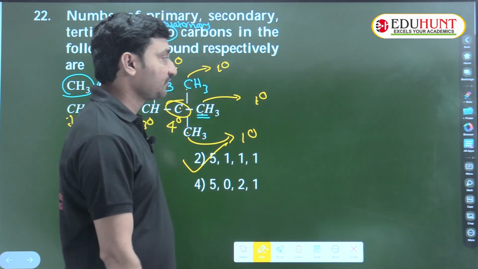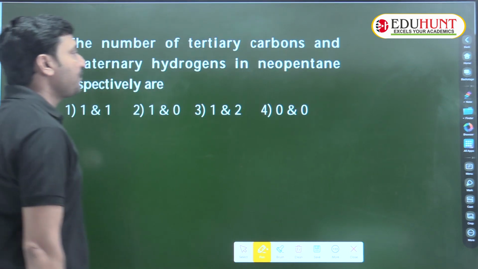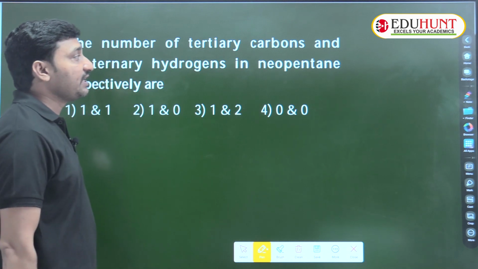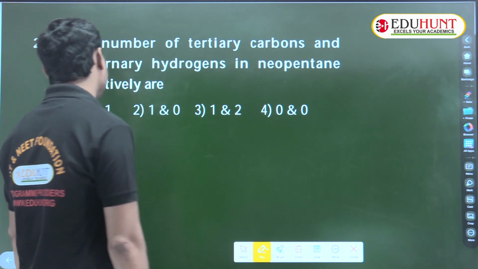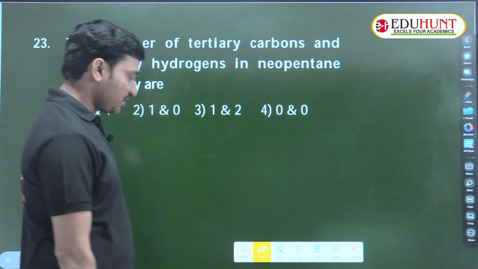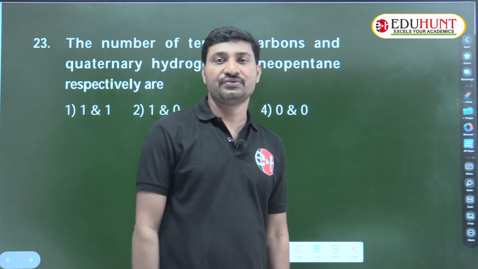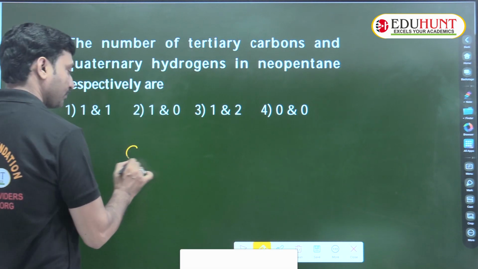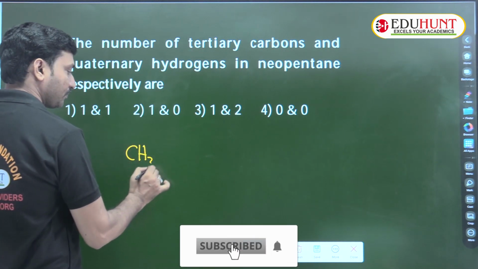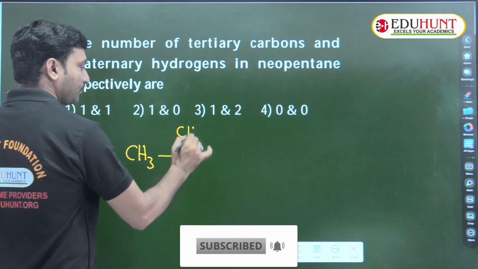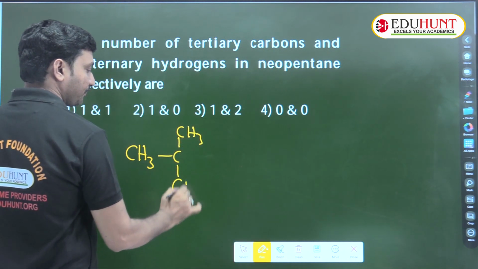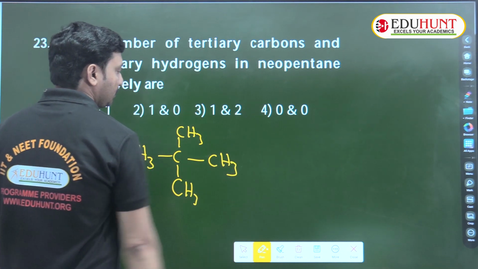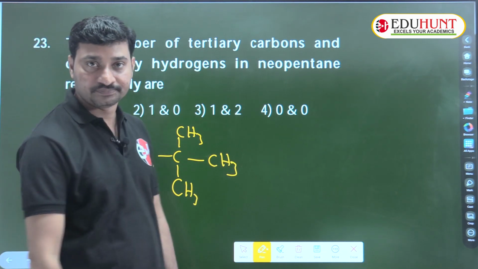Got it? Next one, the number of tertiary carbons and quaternary hydrogens in neopentane respectively are. First of all, for doing this sum, we should know the structure of neopentane. This is the structure of neopentane, right?